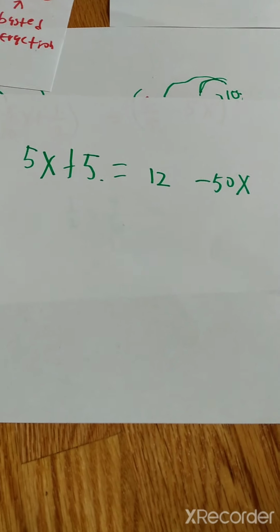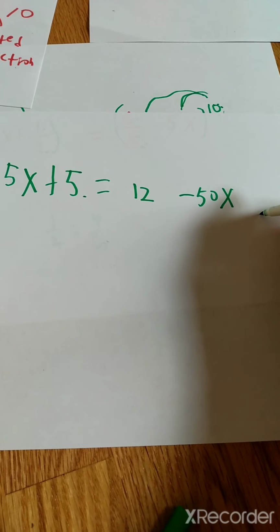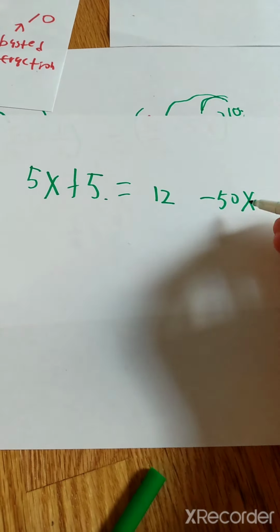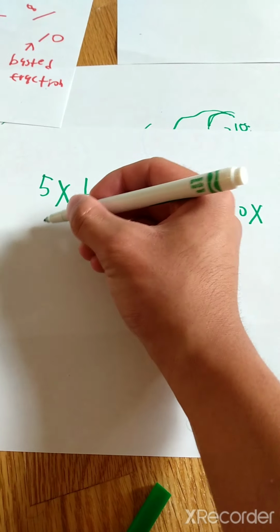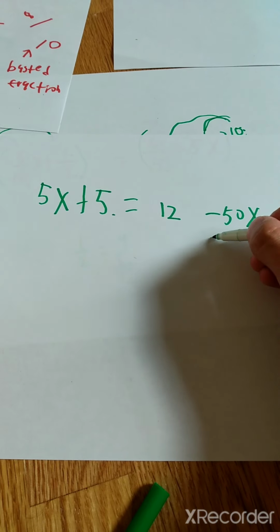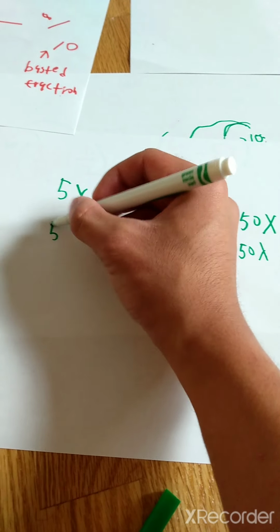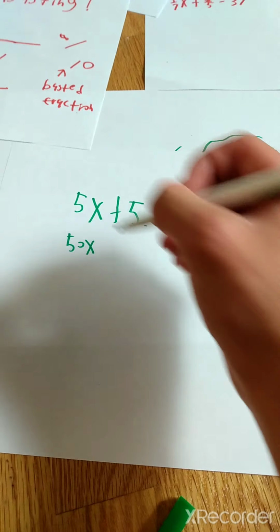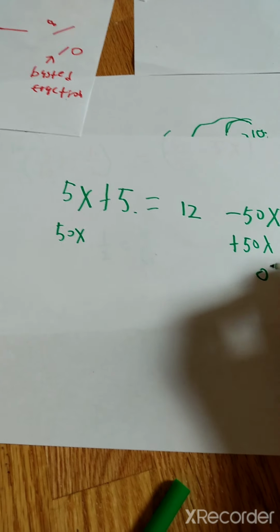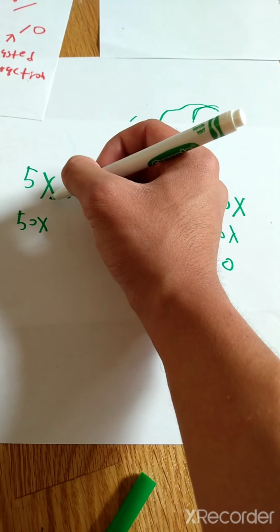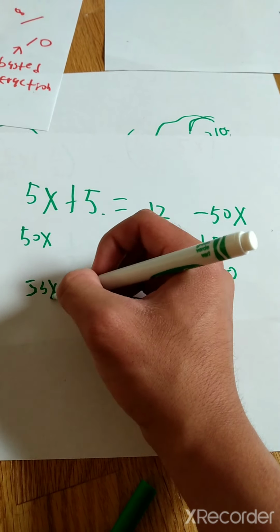We're trapped! What we could do first is use APE or SPE. But what I'm going to try and do is have that negative 50x and that 5x. So we're going to actually add that by 50x on that side and add that by 50x on that side. So pretty much negative 50 plus 50 is going to be 0. And 5x plus 50x, 55x.